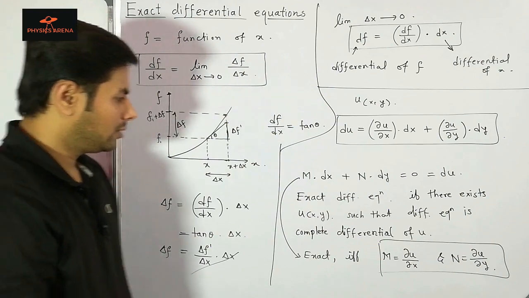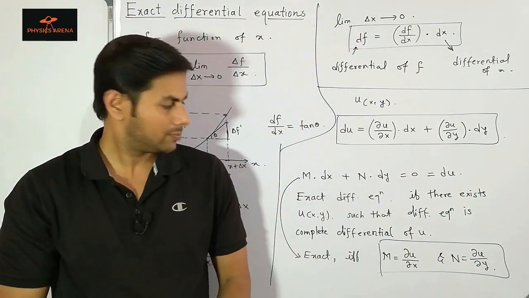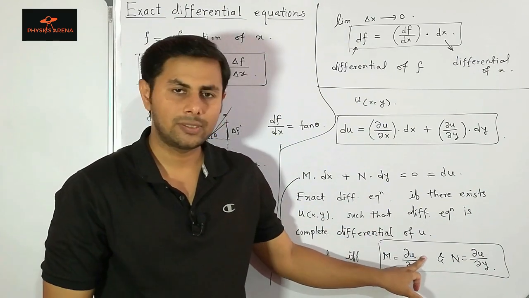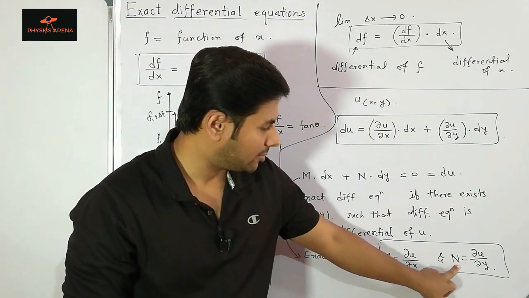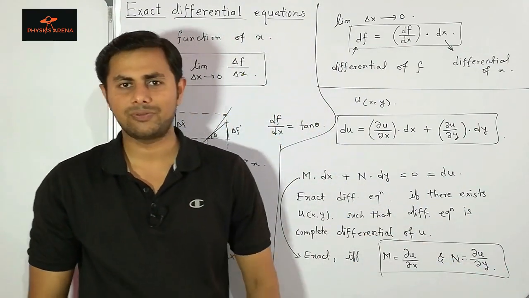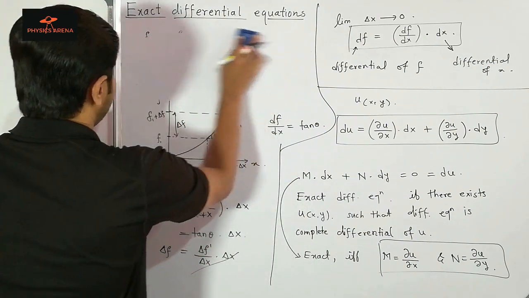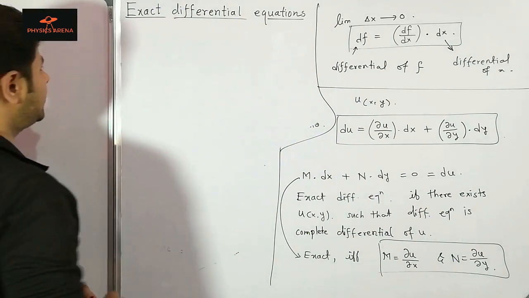But we don't know what u is. So how do we check whether M equals the partial derivative of u with respect to x and N equals the partial derivative of u with respect to y? This property of partial derivatives comes to our rescue.